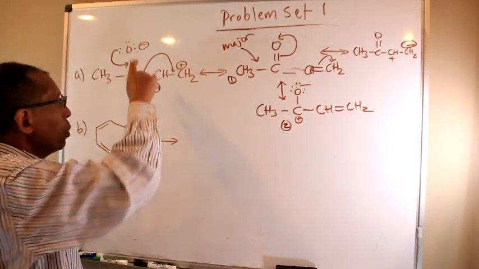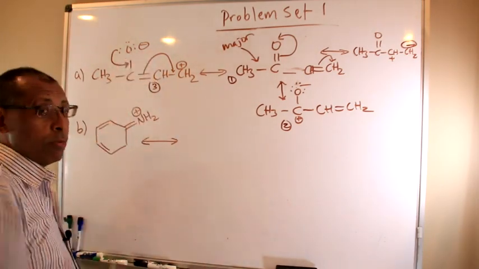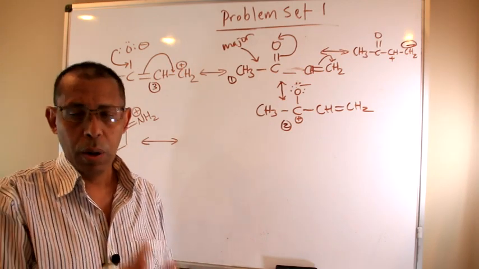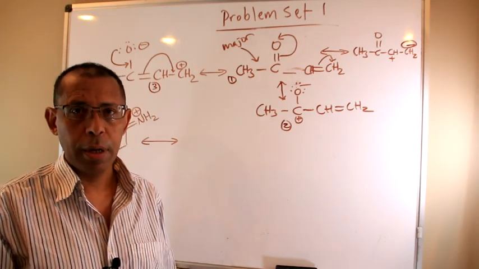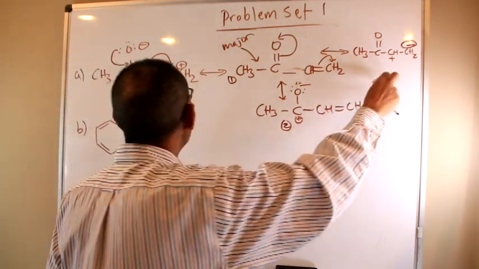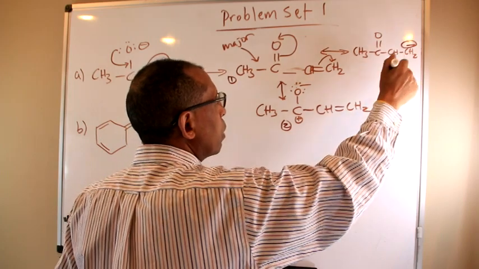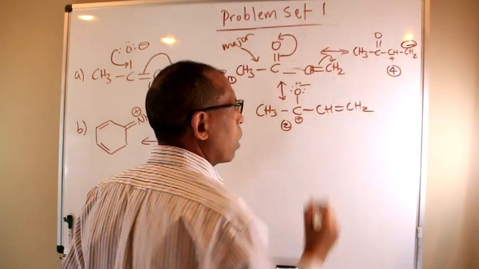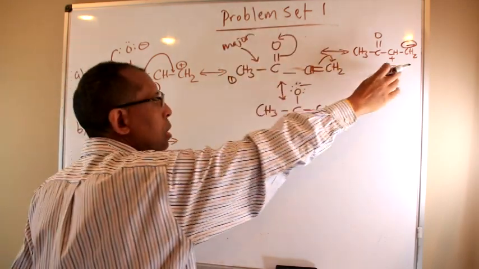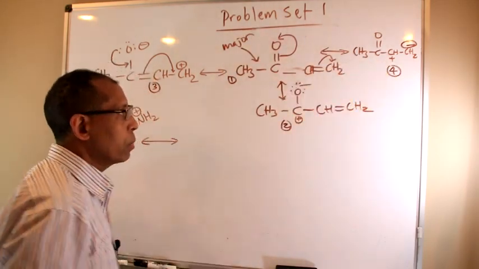I already told you negative charges are fine when they are on chlorine, on oxygen, on nitrogen, etc., but not on carbon. So this would be the least contributor. I would put it as a 4. Major, and the least contributor would be that resonance.